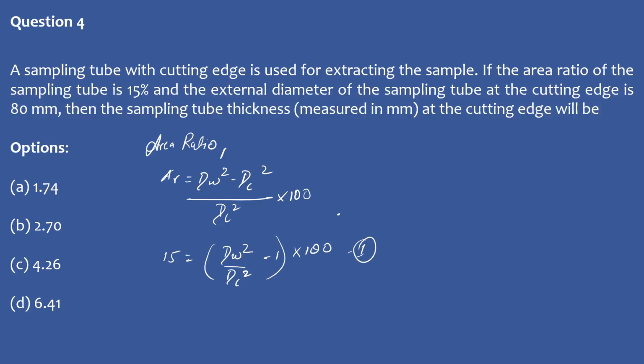And also, it has been given that the external diameter of the sampling tube at the cutting edge is 80 mm. So if we check the equation, (Dw by Dc) squared is equal to 1.15, right?